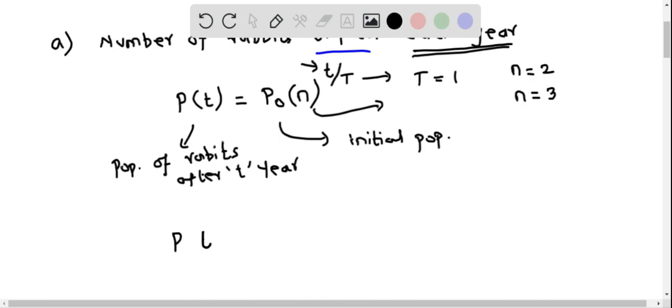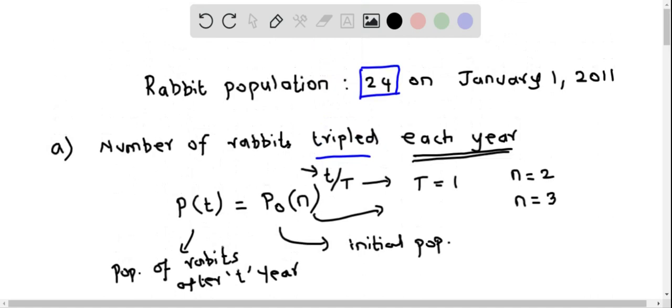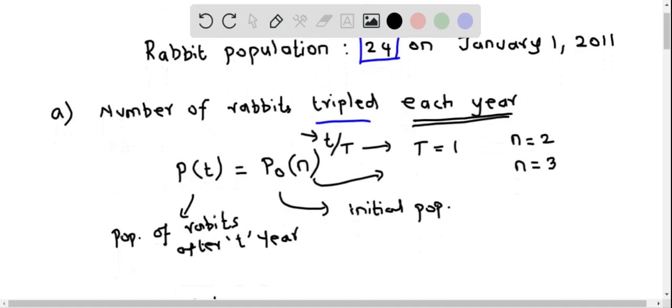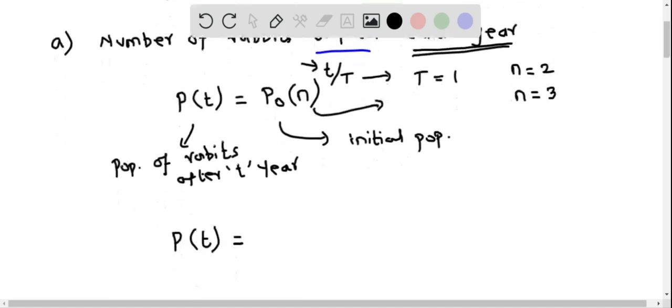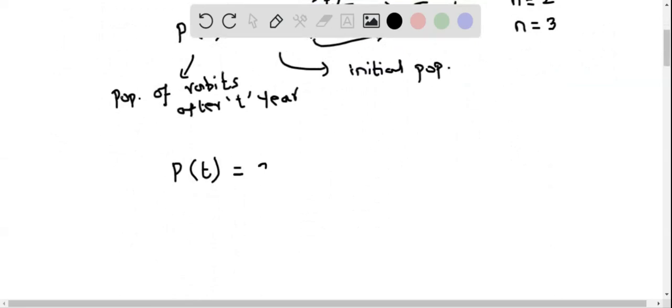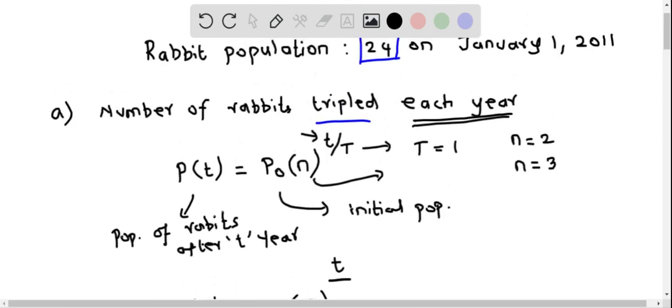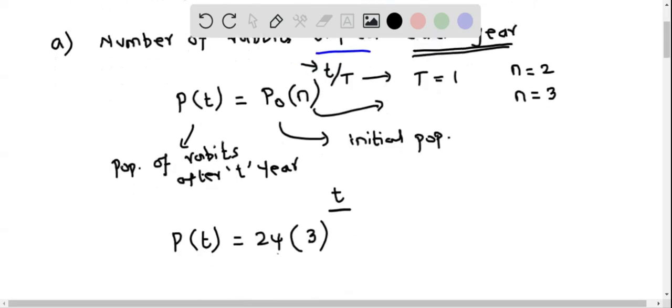I'm going to write down P of t, and this equals, we know that the initial population is 24. That is on January 1, 2011, we consider it as the initial population. So we can write down 24 times, and we know that the population triples each year. So I'm going to put n as 3, and then raised to the power of t divided by, it triples each year, so therefore, we already mentioned that capital T equals 1.